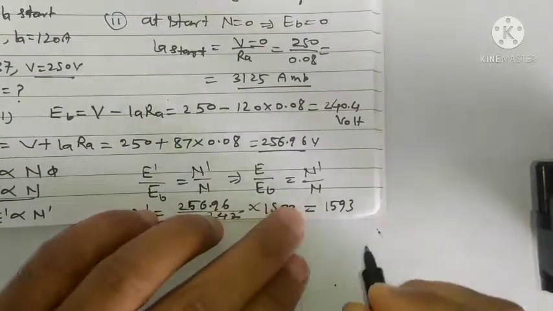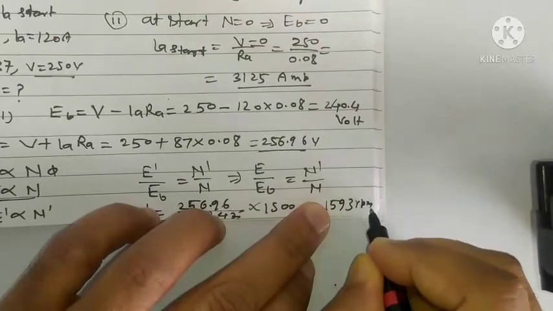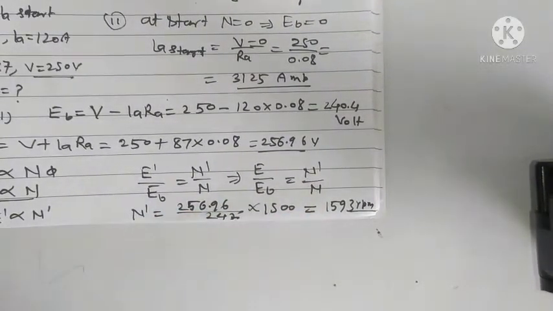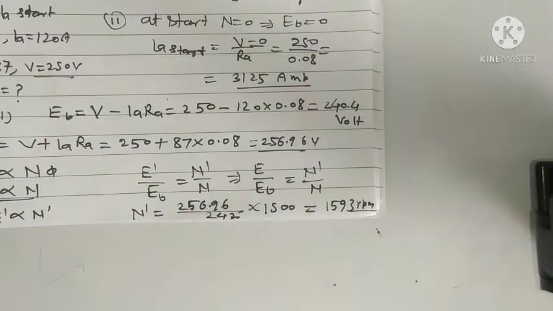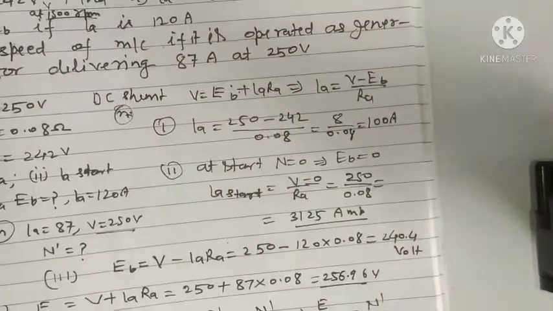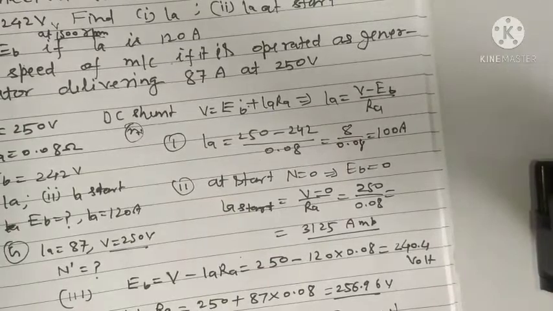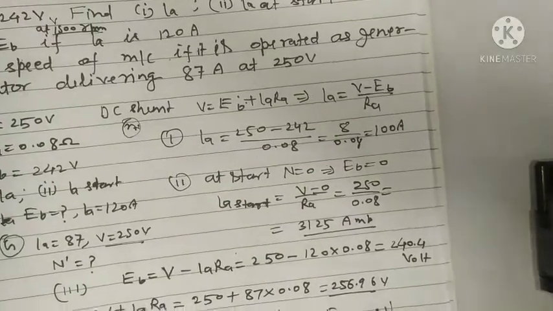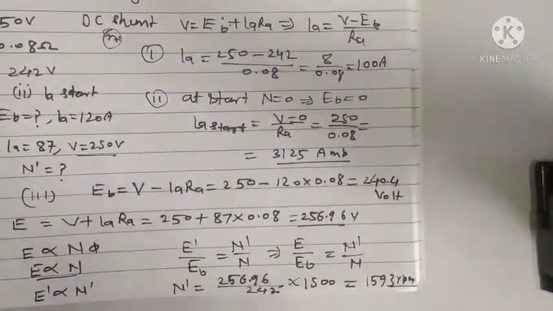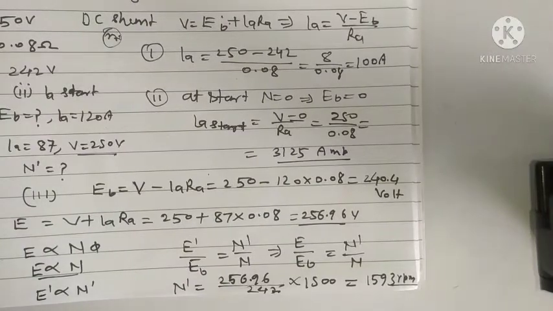So when the machine is operated as a generator, we can apply the same procedure to relate speed and back EMF, and we can calculate the new speed, right? So that's all for the numerical.